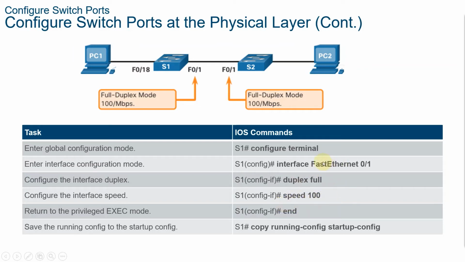The same configuration should be applied on FA0/1 of switch 2. Now all fiber optic ports, such as 1000BASE-SX ports, operate only at one speed and are always full duplex.